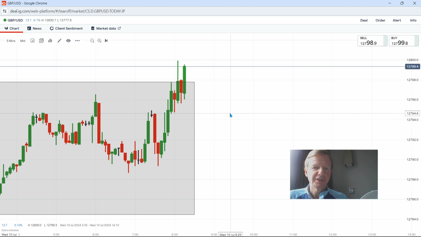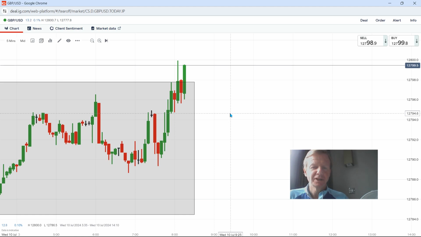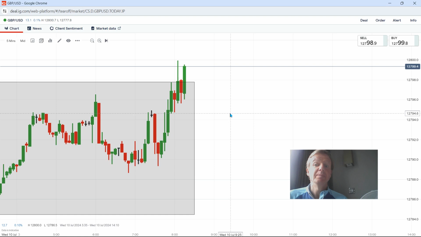It was never going to keep screeching up, because the market had already priced in that Labour were so certain to win. The only big shock would probably have been if the Tories had won, which would have really upset the pound and it might have gone down.